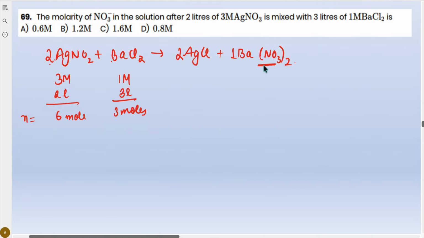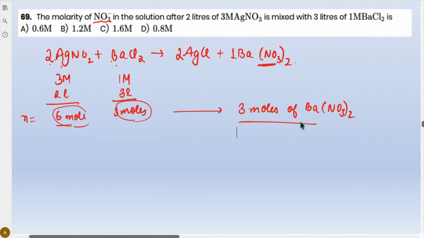So 6 moles of AgNO3 will react with 3 moles to give you how many moles of barium nitrate? 3 moles of barium nitrate will be formed. Done.